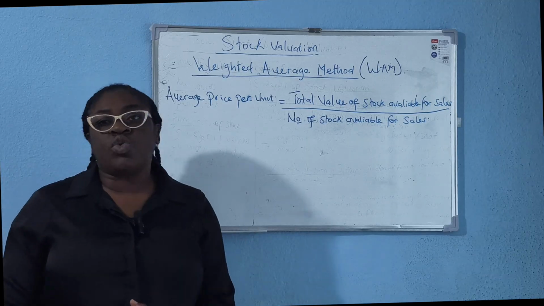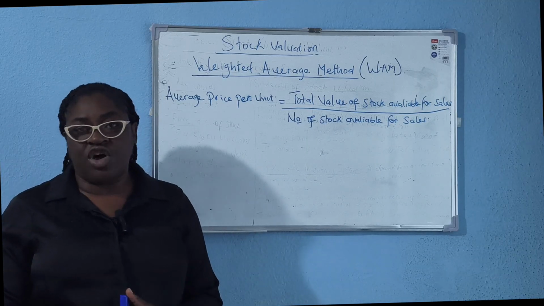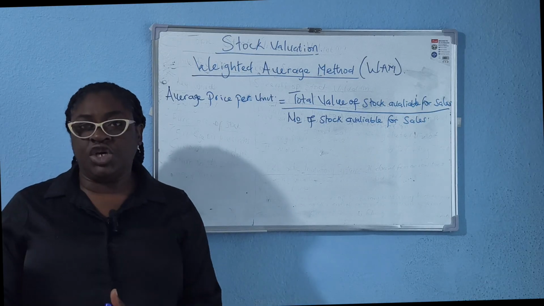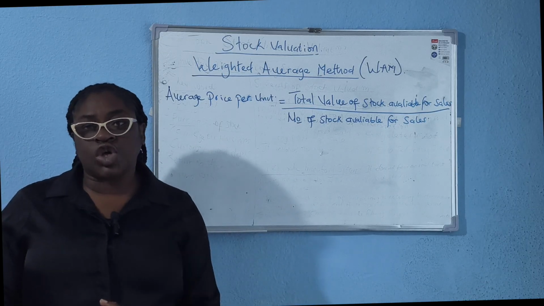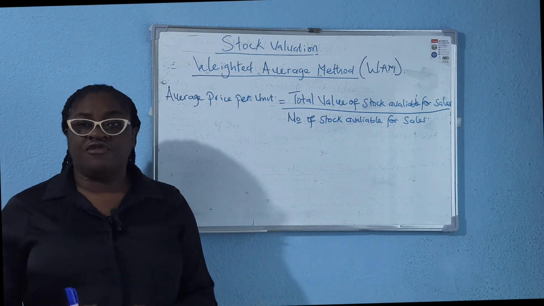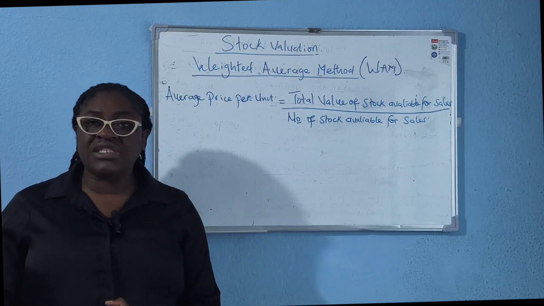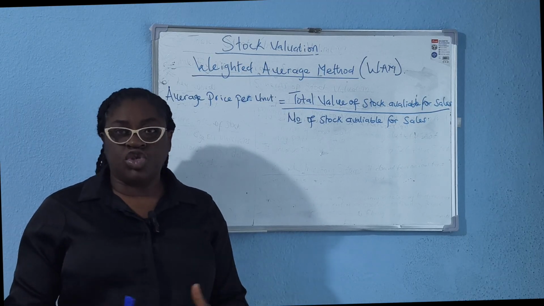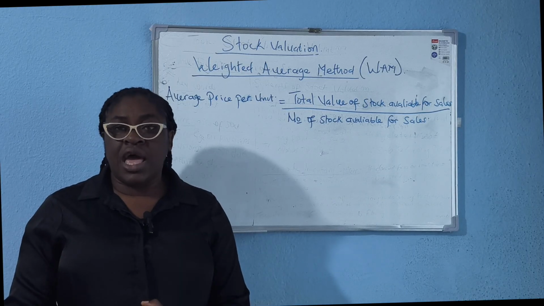In the last episode, we were able to look at the first method used to calculate stock valuation when calculating your closing stock. The first method we looked at was the first in, first out method. Please feel free to check the former episodes as we continue in today's episode.